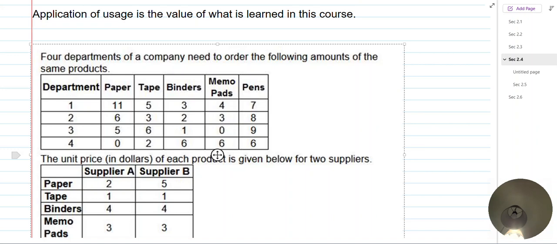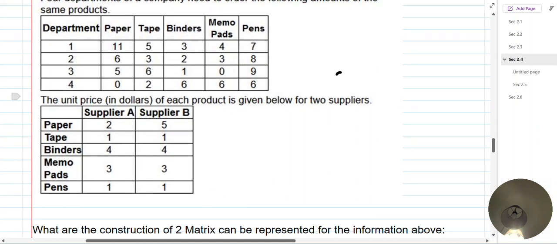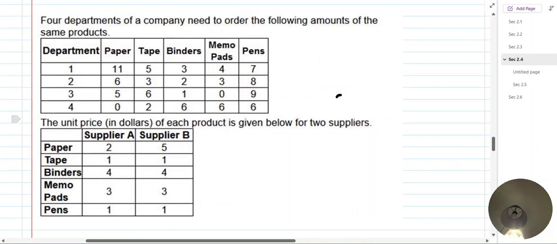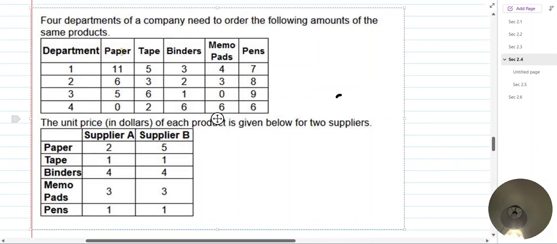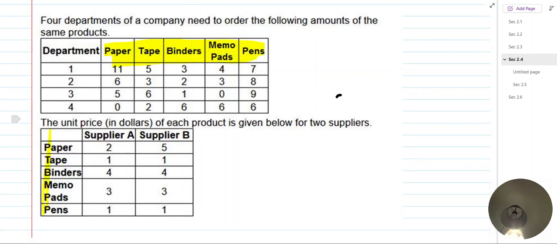And then the unit price that they use is from 2 suppliers, supplier A and B. And those are the cost per item. Notice the suppliers are 2, and these categories become the listing if you want total cost. This is here. All right.